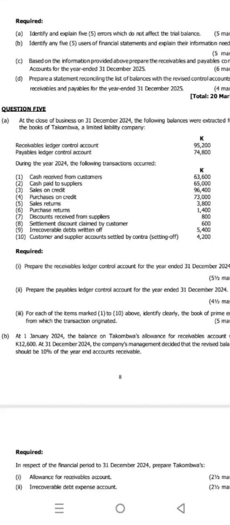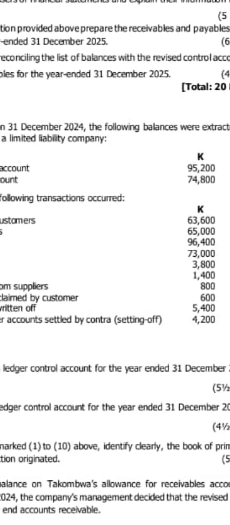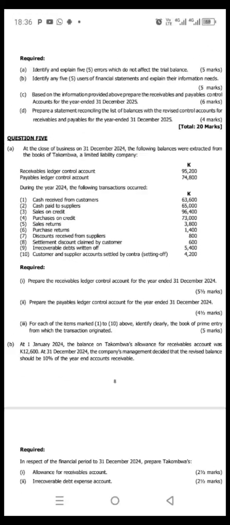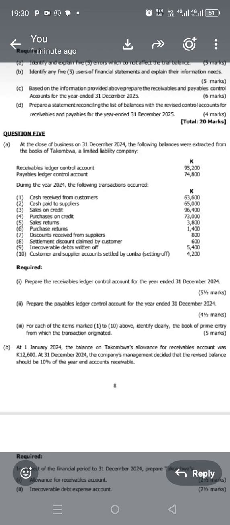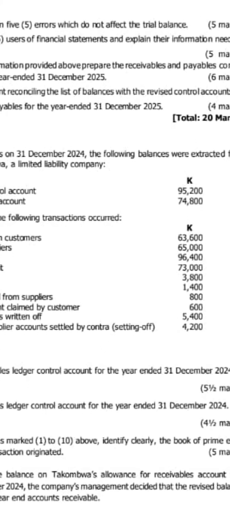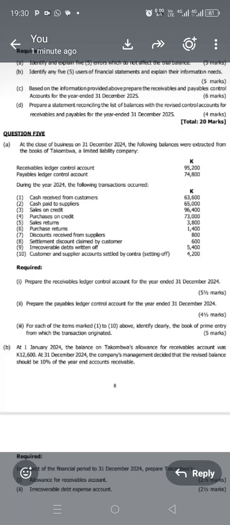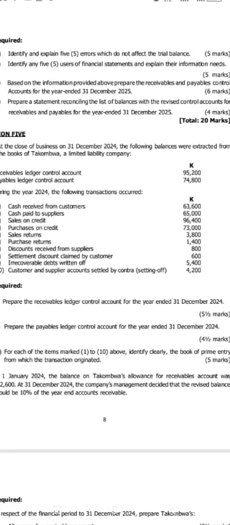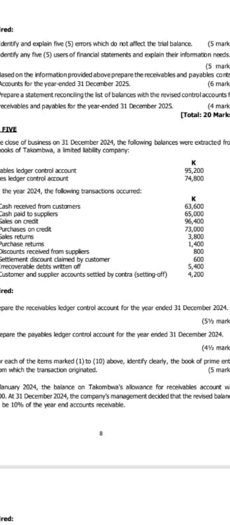So now we want to add up anything that will increase this receivable balance, and we are going to deduct everything that is going to decrease this receivable balance. So we are going to add what increases this balance by recording on the debit side of the receivable control account. These control accounts are also in T format.